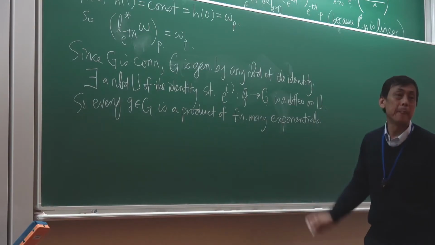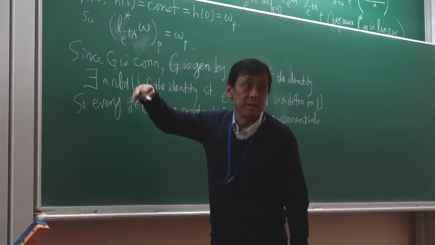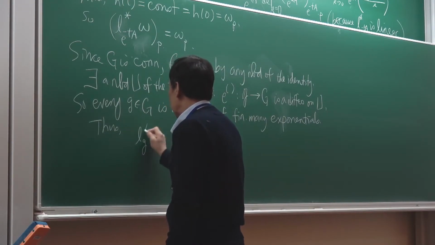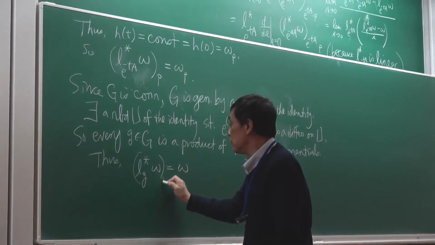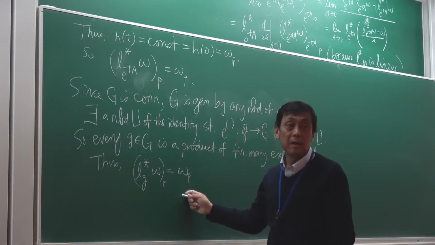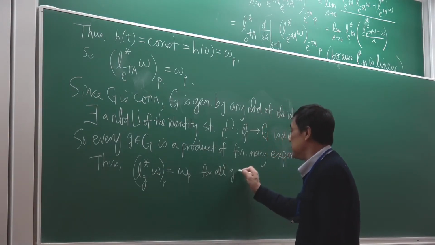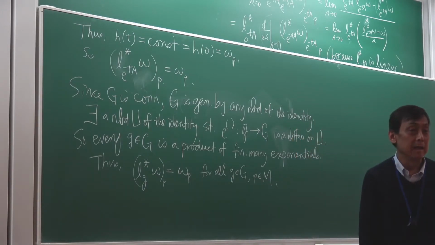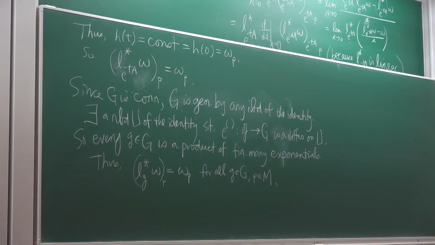Okay? And since omega is invariant under any exponential, it's invariant under any g. So this is true for all g in G and p in M. And yes, so this proves the other direction. So we now have a characterization of invariant forms.